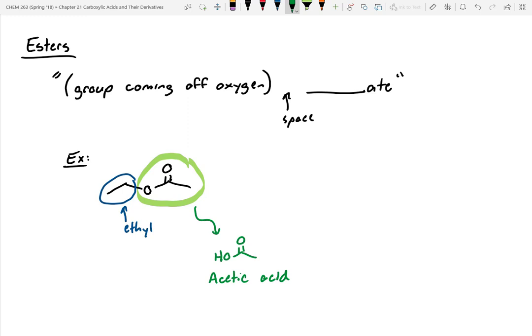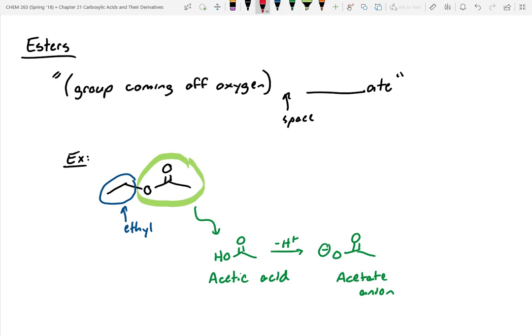And if you think about this minus a proton, like that, this is the acetate anion. Does that make sense? So the ate basically means that that oxygen either has a negative charge or is a part of an ester. So let's try to name this.